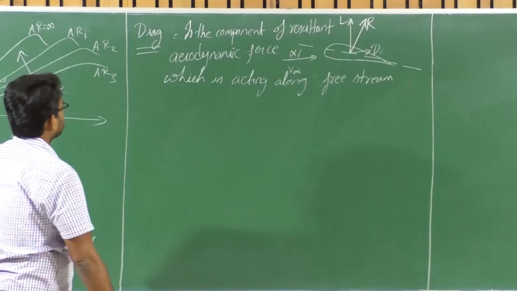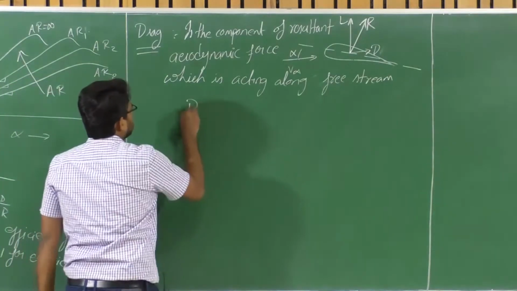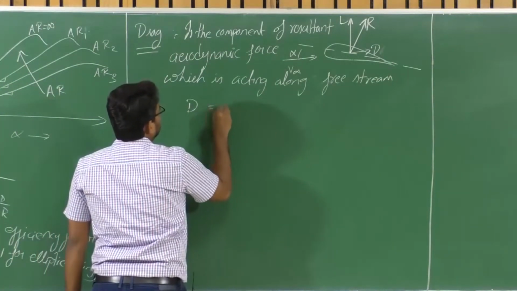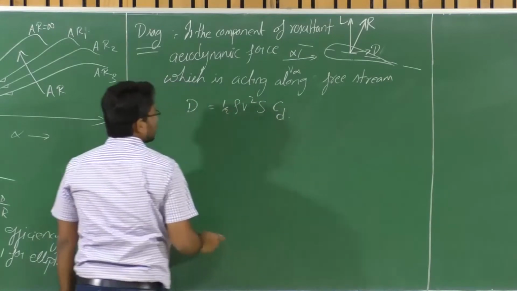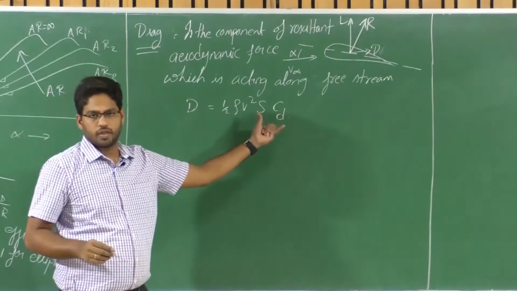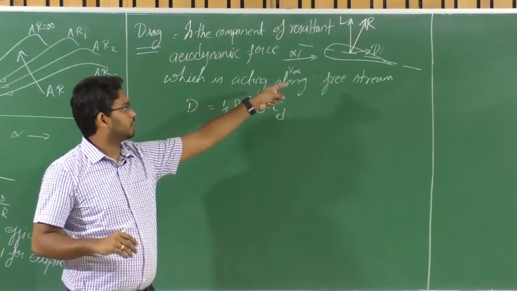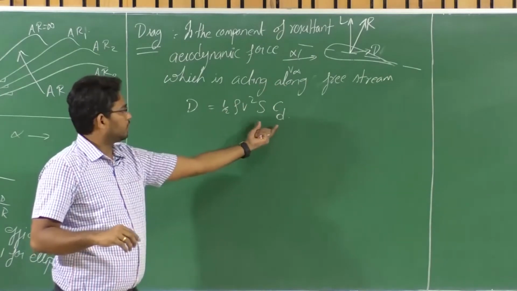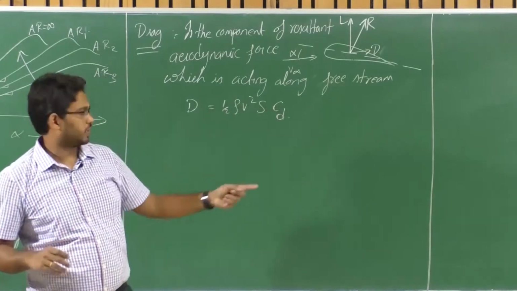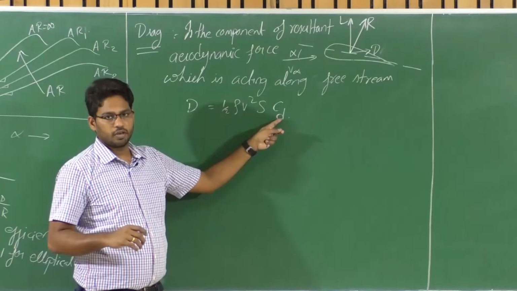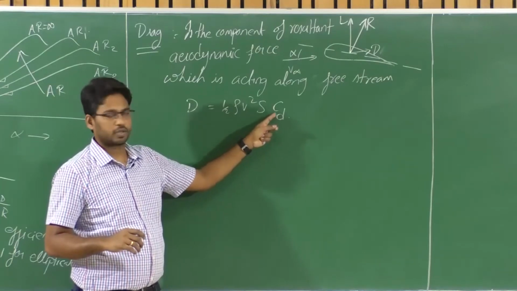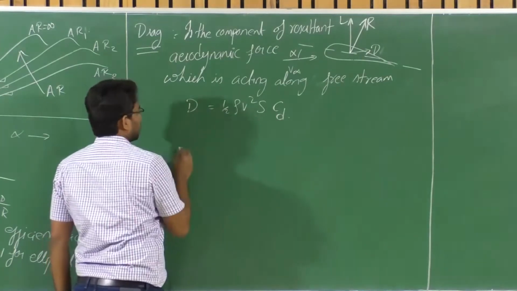Okay. Fine. And we know drag is given as half rho V square S times CD, right? So we are talking about infinite wings. We are considering an aerofoil in the first place. So for infinite wings, the drag coefficient is represented by a lowercase d, right? C subscript lowercase d. So CD is the drag coefficient.